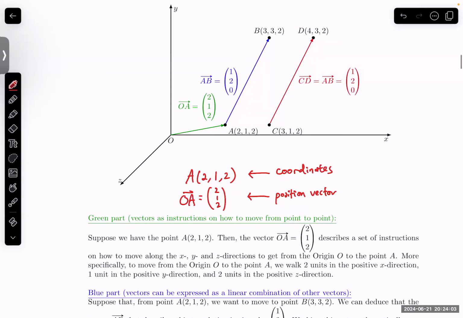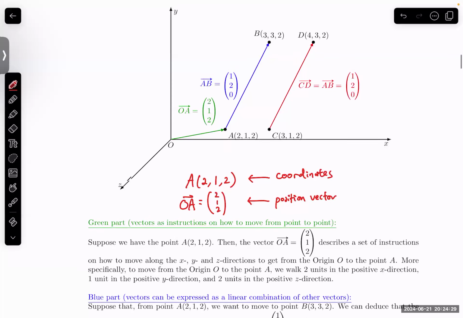So coordinates, position vector, although as students we sometimes mix them up a little bit, that's fine. Just make sure you know what is the correct term for it, just in case the question asks for coordinates, so you can't answer the question with a position vector and vice versa.